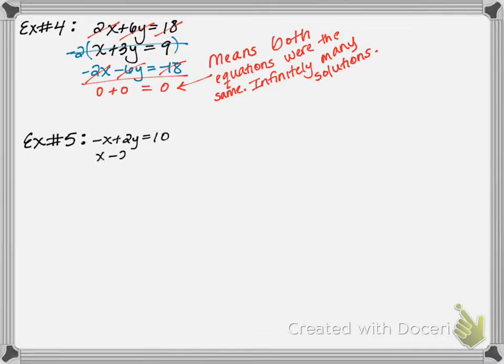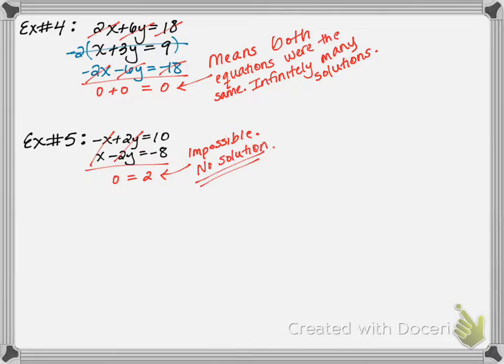And our final example, number 5. In this one, I already had very nicely a negative x and a positive x. So I canceled those two out. I had a positive 2y and a negative 2y. So those also canceled out. So I have nothing left on the left, as in 0, nothing at all.